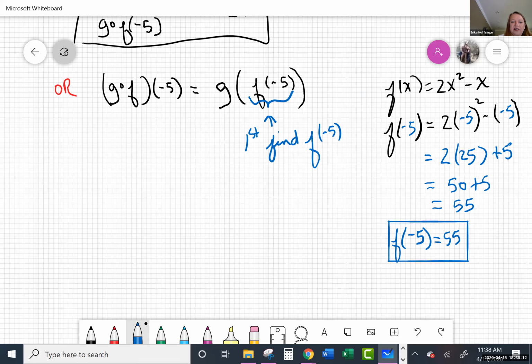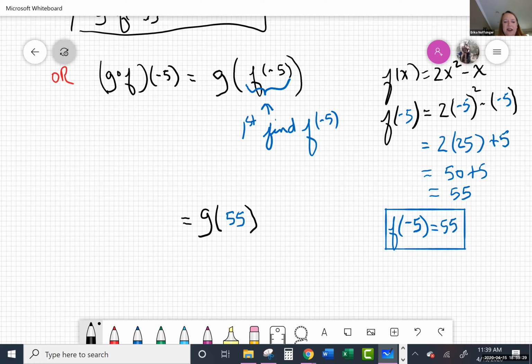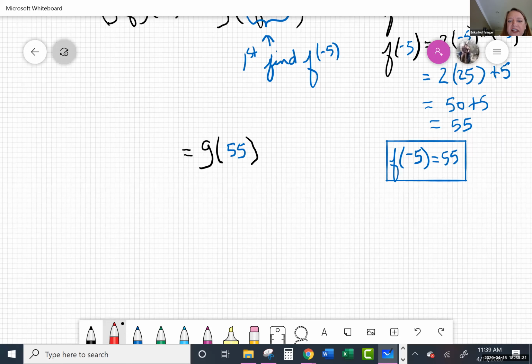That gives us g of, well, f of negative 5 we just said was 55. So now we go to our equation of g of x and find g of 55.